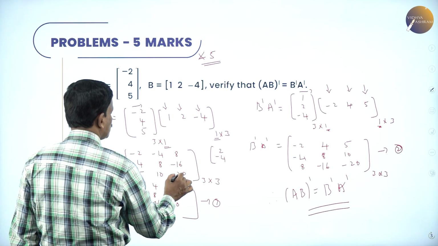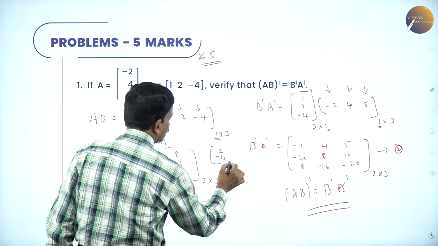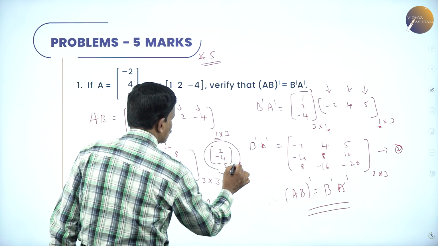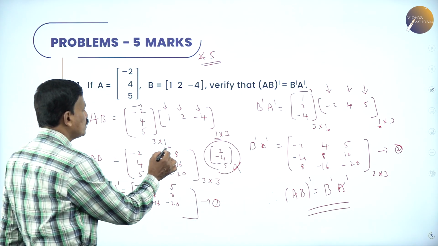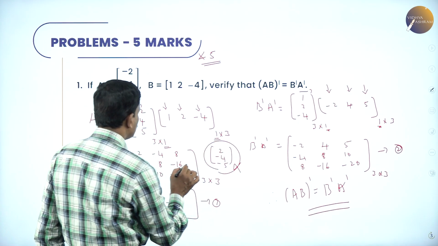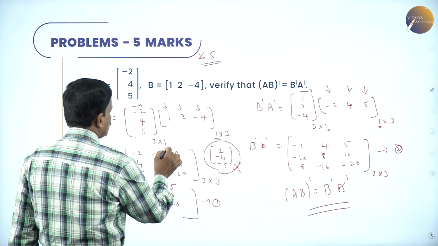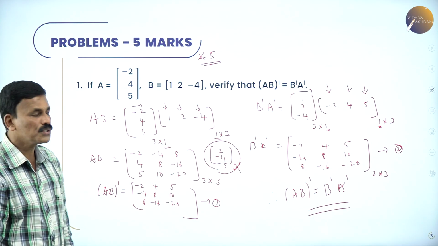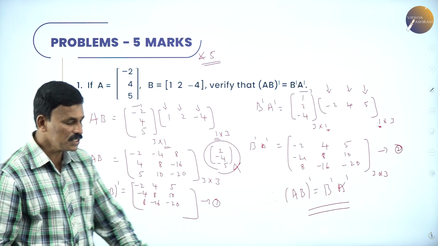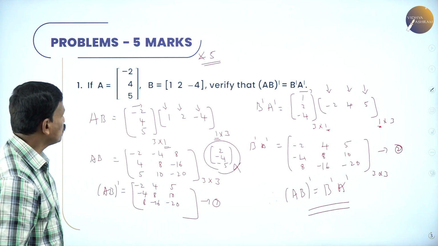Again 10 minus 20 is minus 10 plus 5 is minus 5. They will write like this. Actually this is not possible. This is wrong. So before multiplication, check whether it is possible to multiply or not. Then only you can multiply and you are going to get a matrix of order 3 rows and 3 columns. This is a very important problem.